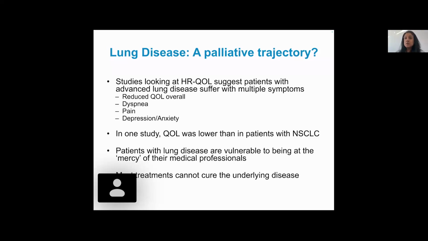So what we can do, though, is look at what people with lung disease feel and look at their health-related quality of life. And what we find is that people with very advanced stages, a lot of them complain that their quality of life isn't great because they have shortness of breath, because they have pain that isn't addressed, and because they have superimposed depression and anxiety that isn't treated, right?